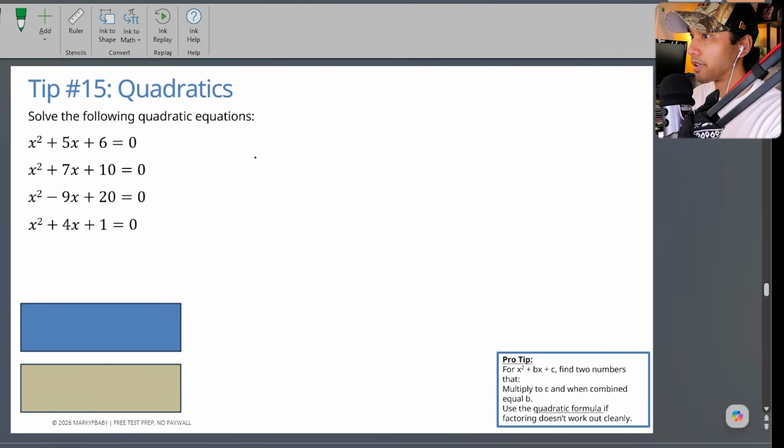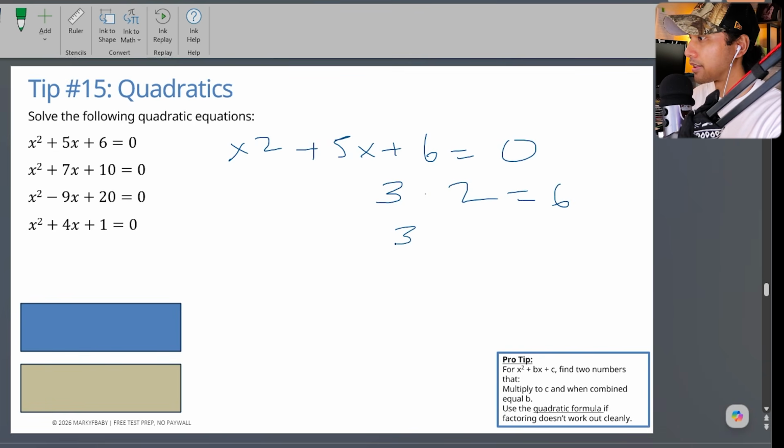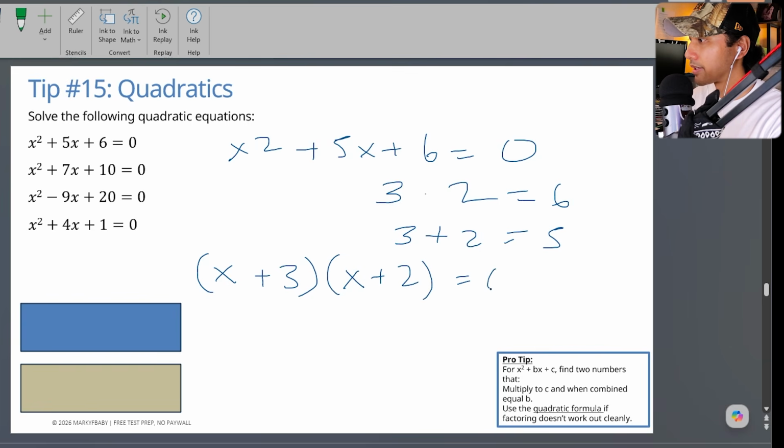Actually, before we move on, we have x squared plus 5x plus 6 equals 0, and we've agreed that it's 3 and 2, because 3 times 2 equals 6, and 3 plus 2 equals 5. Well, to write this all out, the factored terms would be x plus 3 and x plus 2 equaling 0.